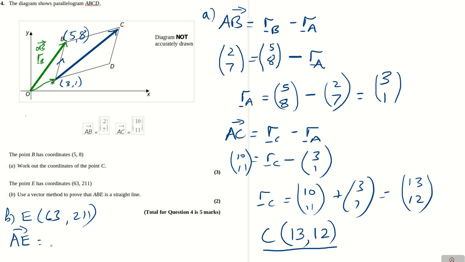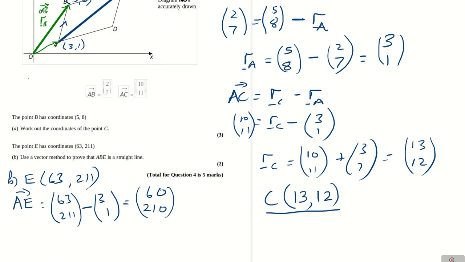Now the vector AE will be the position vector of E, which is (63, 211), minus the position vector of A, which we know is (3, 1). So that's going to be (60, 210).